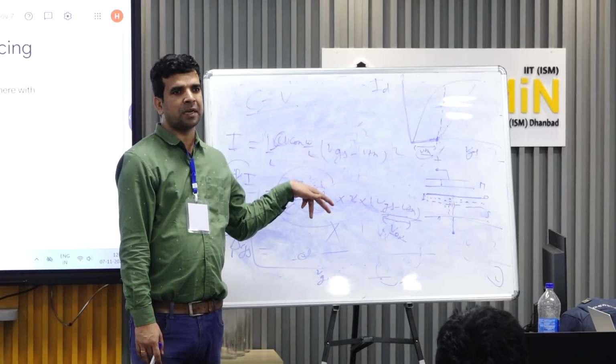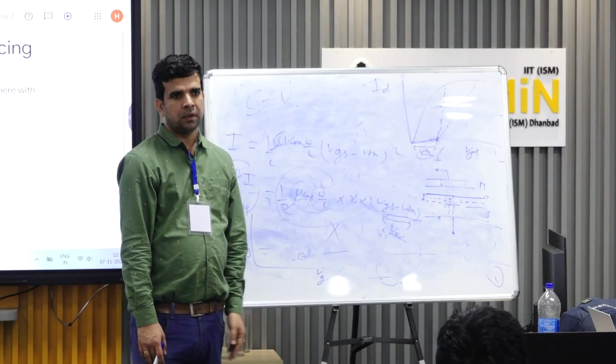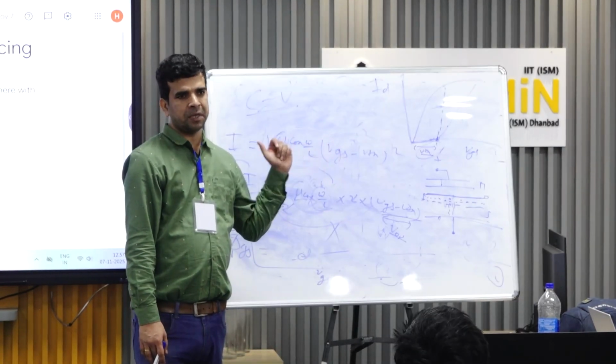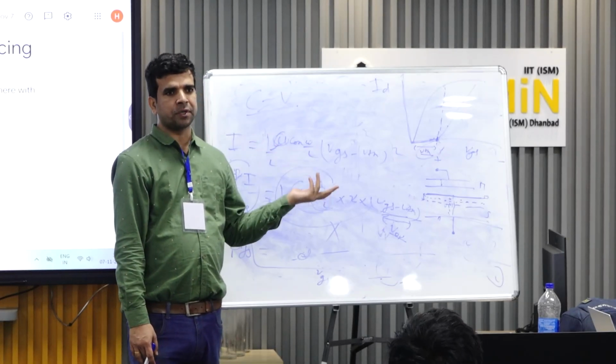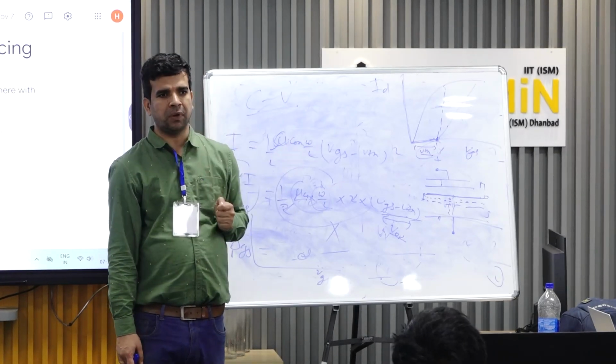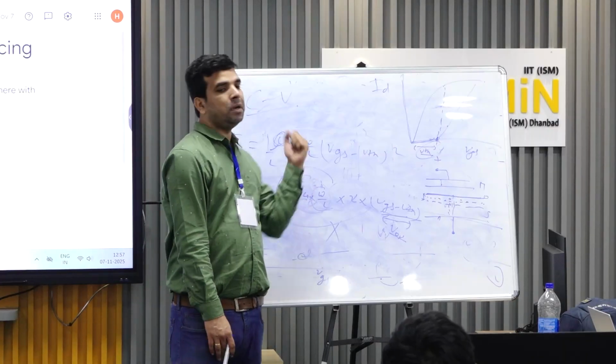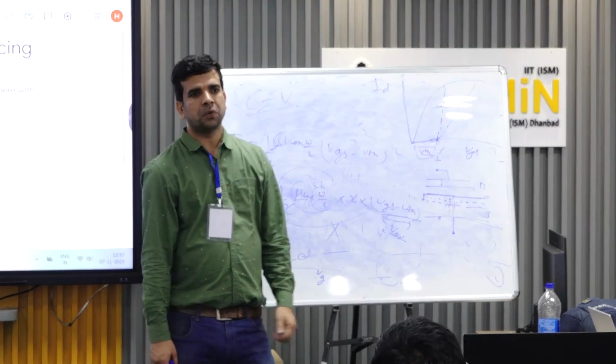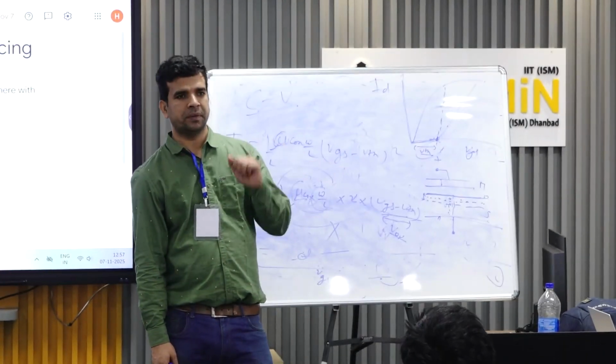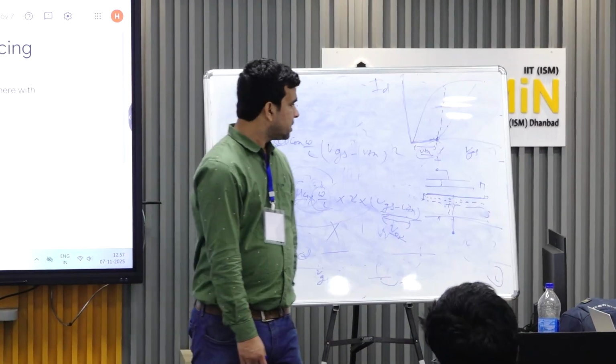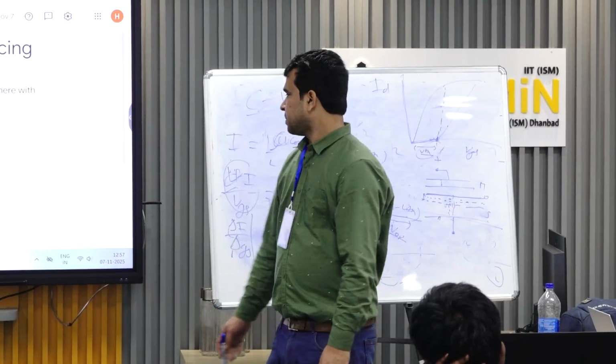Cox, the oxide capacitance, you can find using the CV measurement, because it is a standard capacitor, or if you know the dielectric constant of the oxide, you can calculate Cox. So you can find the mobility of your device. This way you can find the field effect mobility. Right?